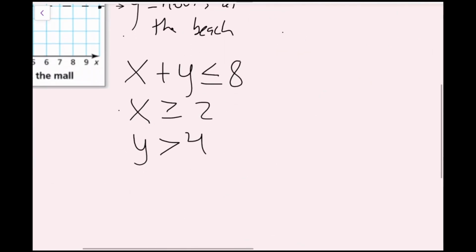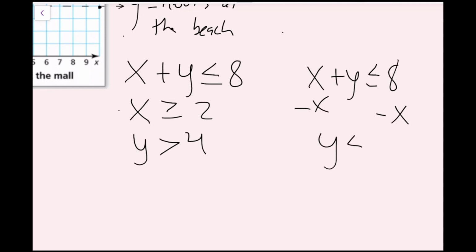So I'm going to move over here. I have x plus y is less than or equal to 8. I'm going to subtract x on both sides. I get y is less than or equal to negative x plus 8. Well, here I see my slope is negative 1, and my y-intercept is 8. So I'm going to plot 8.